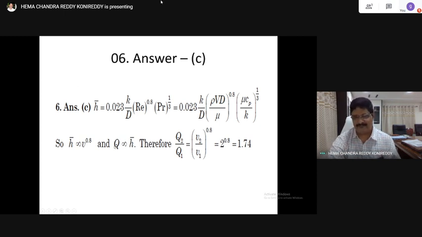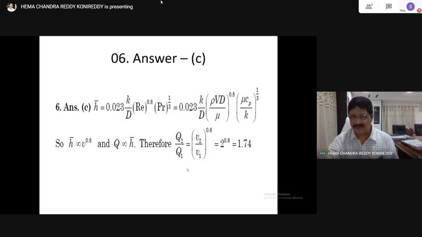Simple logic. h2 by h1 is equal to V2 by V1 power 0.8. V2 was double V1, so it is 2 power 0.8, which is 1.74 times. The heat transfer coefficient increases, and heat transfer also increases.